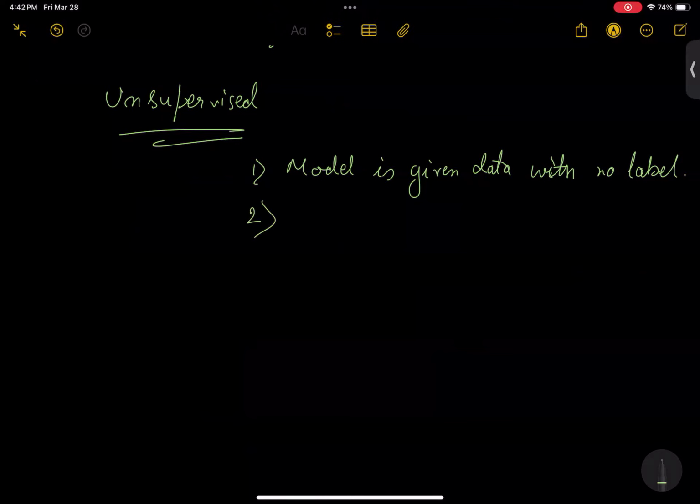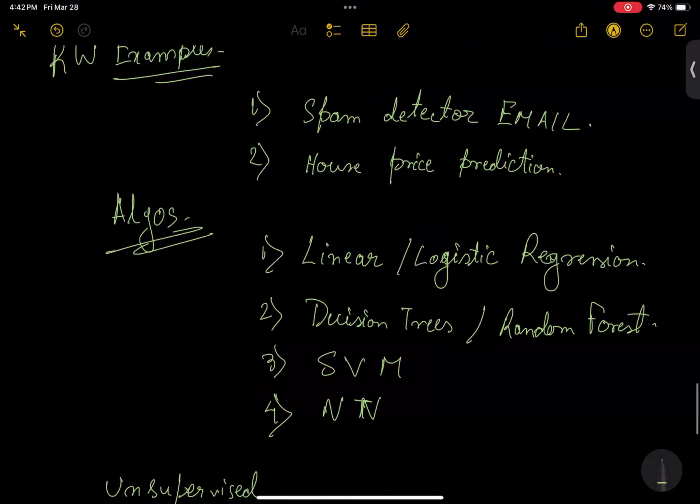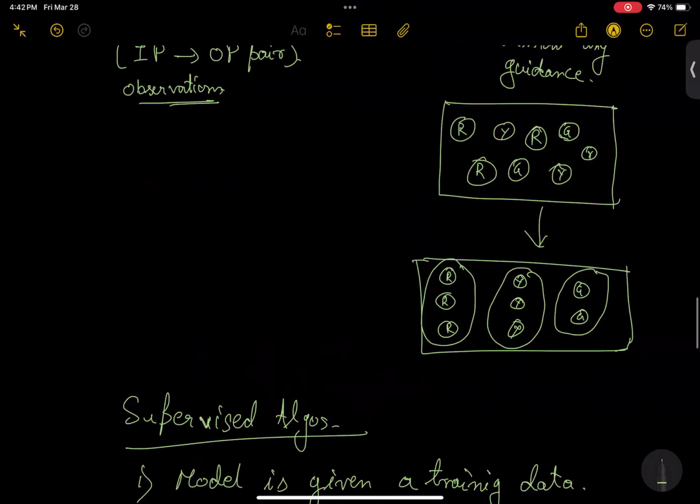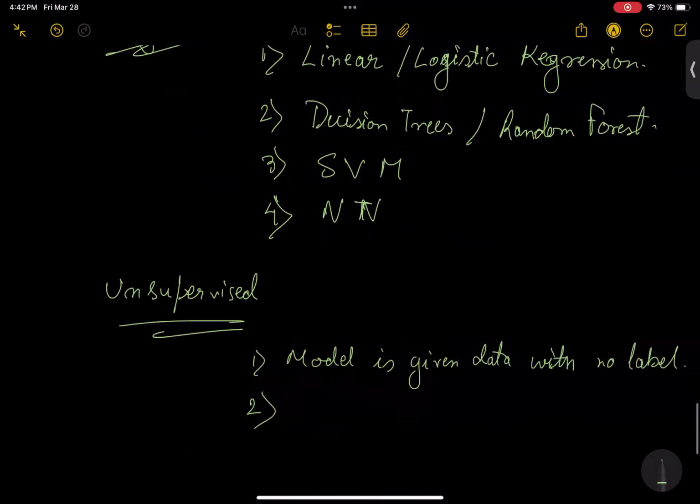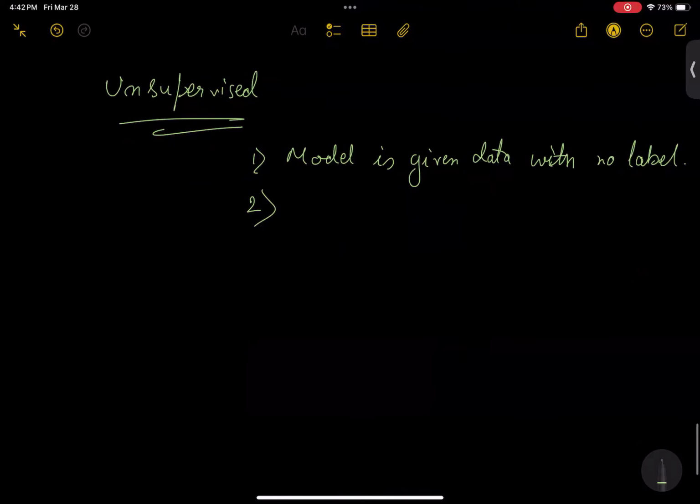We are not labeling it. We are just giving the model the data and expecting it to output groupings. The model identifies the pattern or the similarity or the grouping by itself.